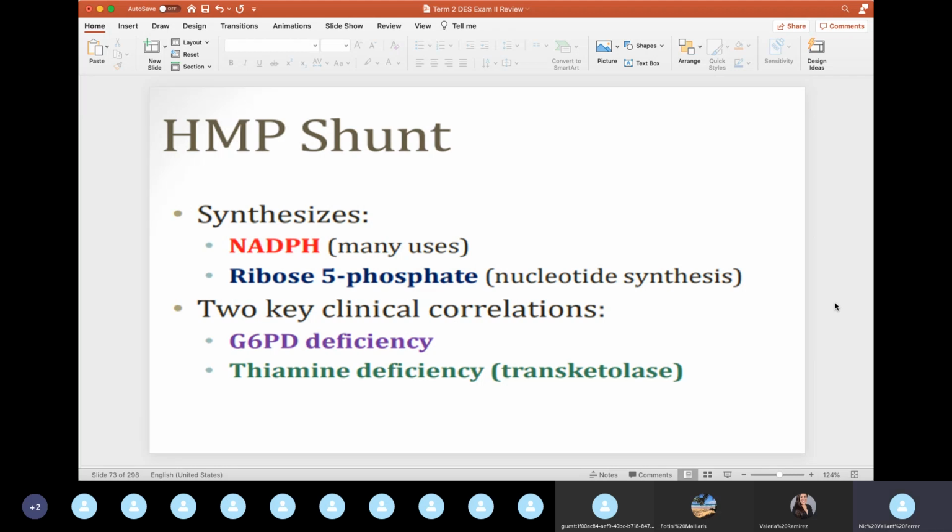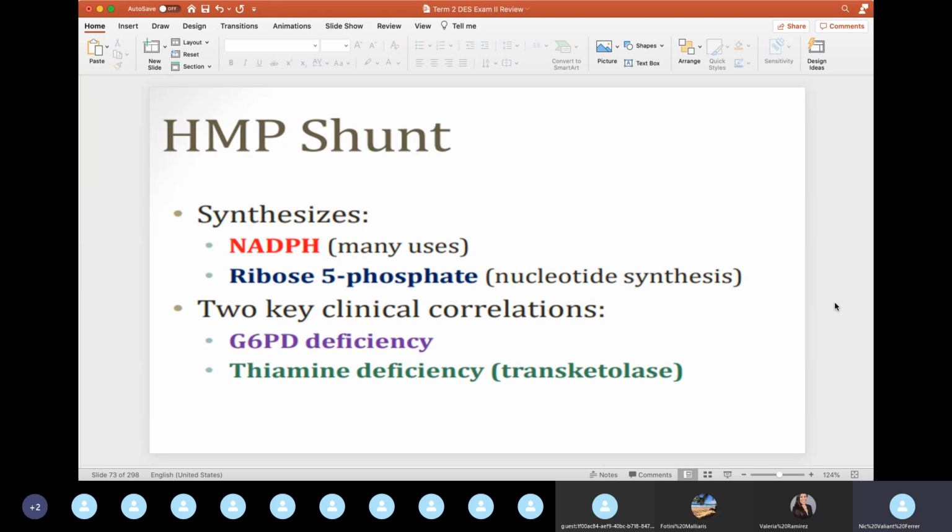How about pyrimidine synthesis? Can someone tell me about pyrimidine synthesis? The rate limiting enzyme is CPS2. Excellent, CPS2. And then to convert what?